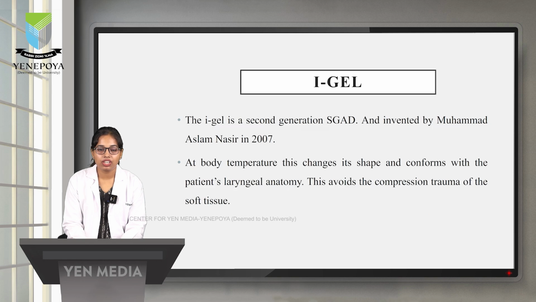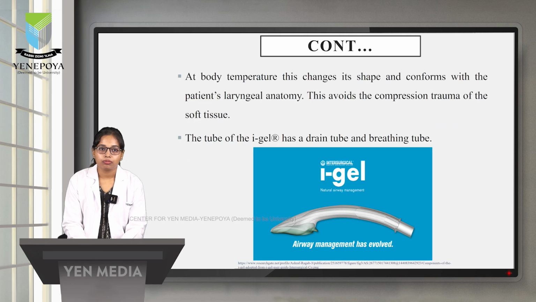i-gel is a second generation supraglottic airway device invented by Muhammed Aslam Nasir in 2007. At body temperature, it changes its shape and conforms to the patient's laryngeal anatomy. This avoids compression trauma of the soft tissue.